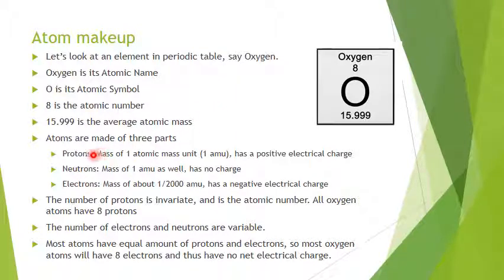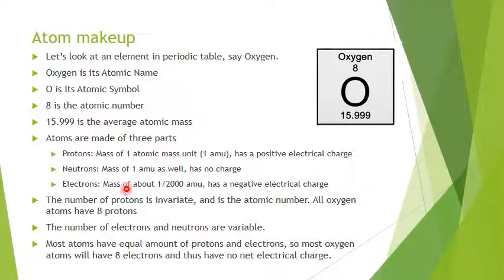The mass of a proton is 1 atomic mass unit, 1 AMU, and it has a positive electrical charge. Neutrons also have a mass of 1 AMU, but they have no charge.